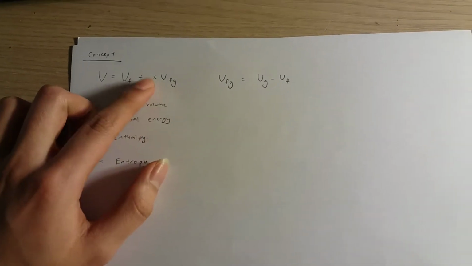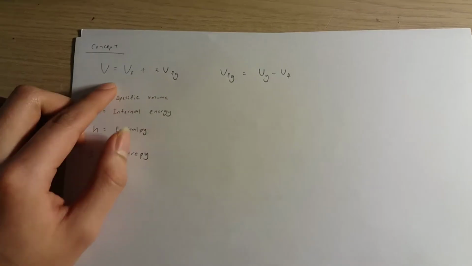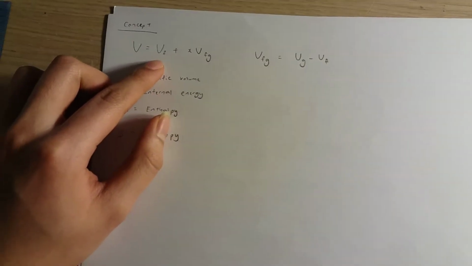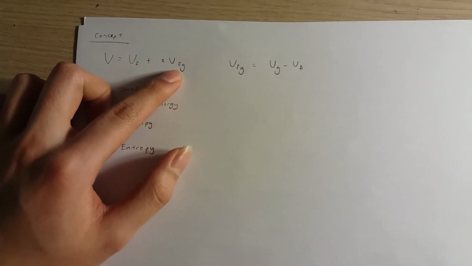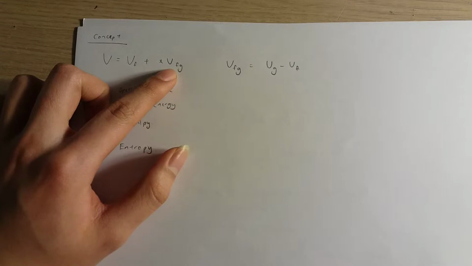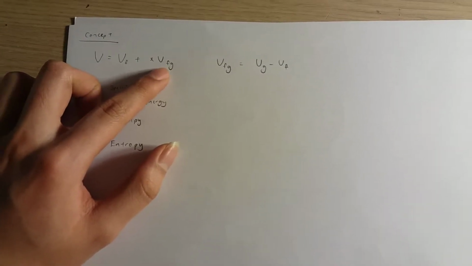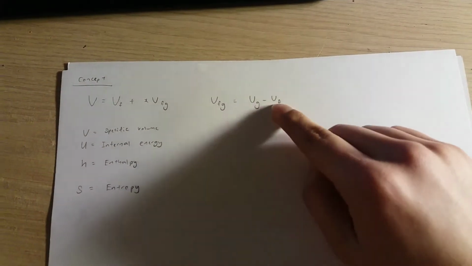So x represents the quality, and vf is the saturated liquid, and vfg is the difference between the saturated vapor and the saturated liquid. So the formula for vfg is vg minus vf.